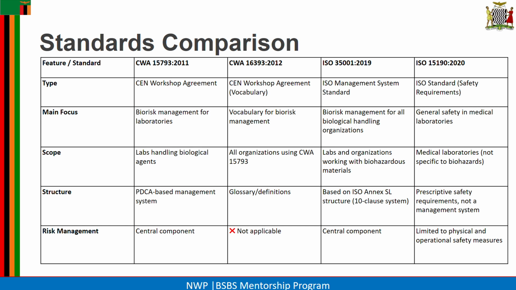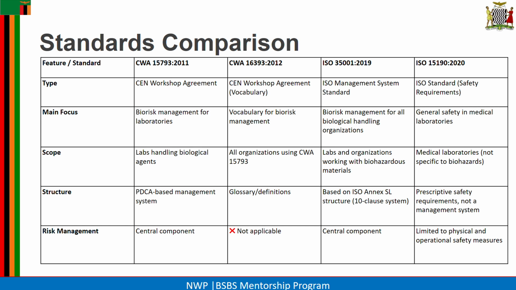Then for 35001, biorisk management for all biological handling organizations. I should have added "only", so it only looks at biological agents or organizations that handle biological agents. But 15190 gives general safety in medical laboratories. So general safety, it doesn't touch security.